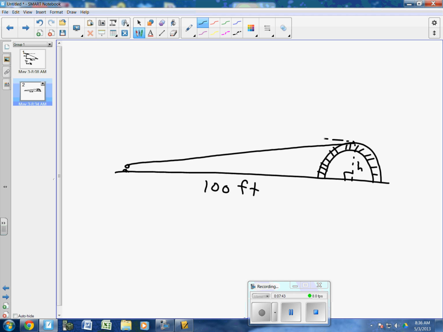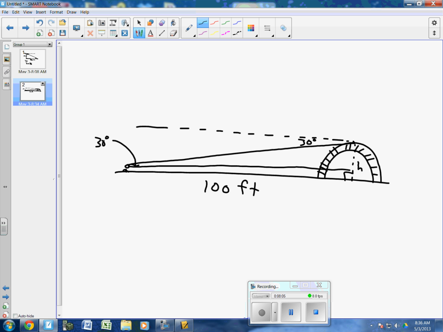I would say, once again, it's this angle right here, right? However, look, you guys, this line is horizontal to this line, and those are alternate interior angles, so right here, that's 30 degrees as well, right? So you can think of that angle as being 30 degrees.